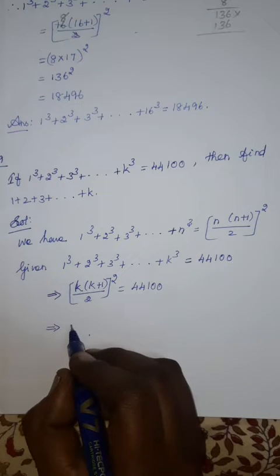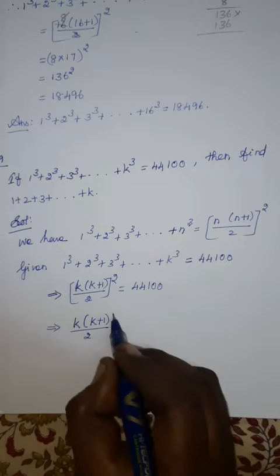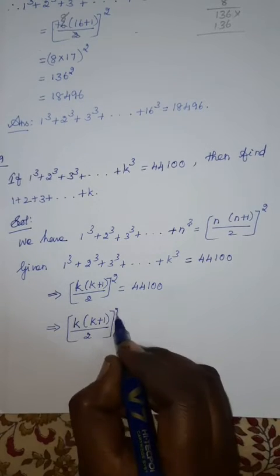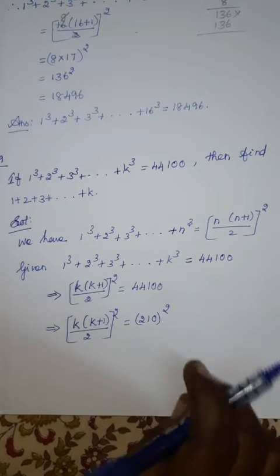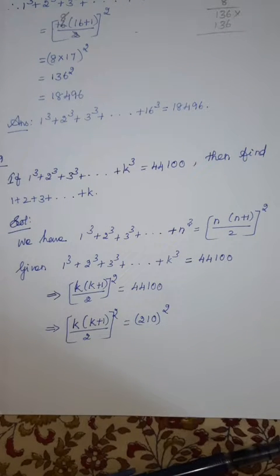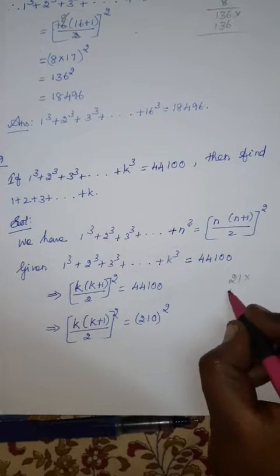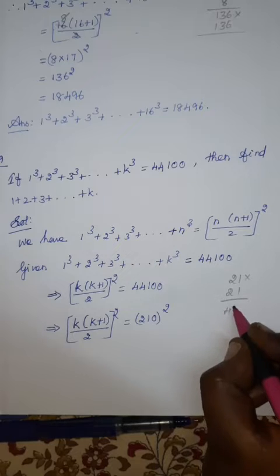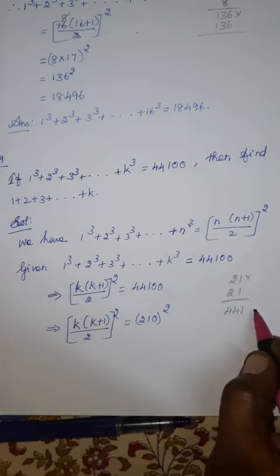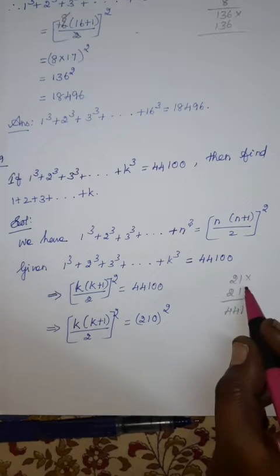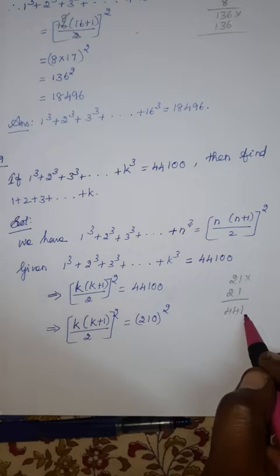So we can write the left side in the same way: k into k plus 1 by 2, the whole square, is equal to 210 the whole square. That you should understand; we can't learn this by heart. You should know that 21 into 21 is equal to 441. Then if you put two more zeros on the right, it is a perfect square number. Also you can write 210 into 210 is equal to 44,100.